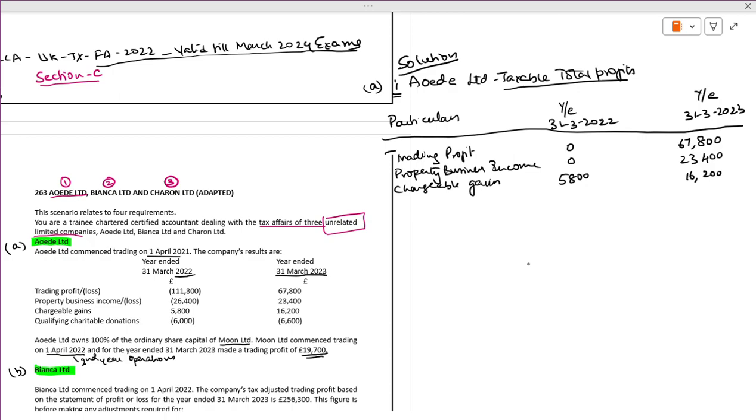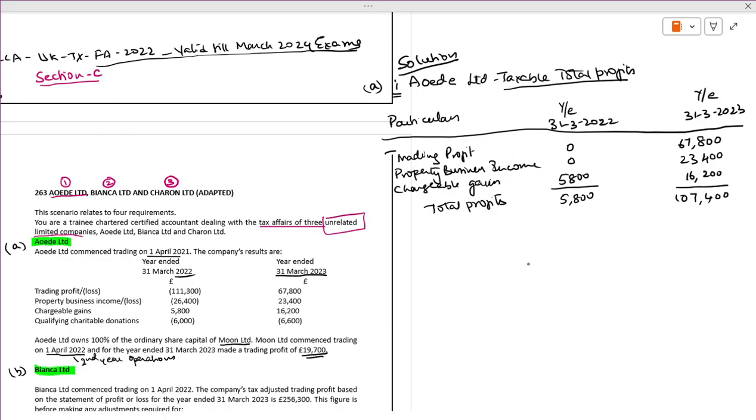If you take that into consideration, how much is there? This is 5,800 and this will be the total. Okay, this is going to be identified as total profits.